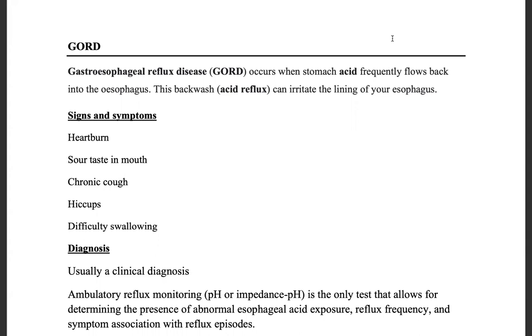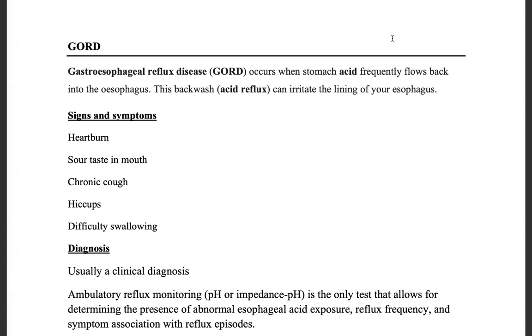The lower esophageal sphincter remains closed due to the unique property of the muscle, and it relaxes when swallowing is initiated. So these transient lower esophageal sphincter relaxations are part of the normal physiology. But in GORD patients, this occurs more frequently.